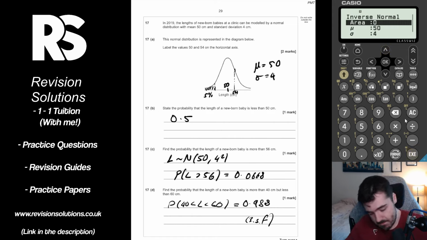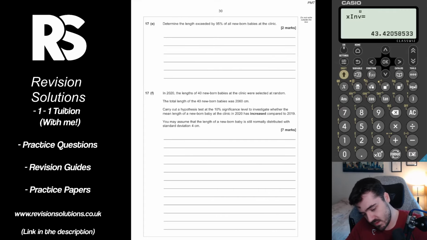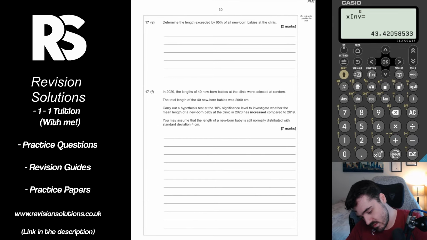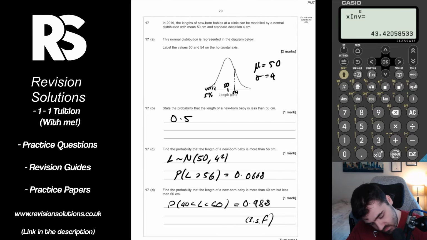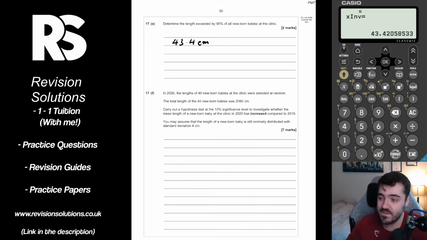So the area, the probability, if it's the bottom 5%, that's 0.05. And it's got our mean and sigma from before. So just execute that. That would be 43.4. And that's measured in what? Centimeters. If it's the bottom 5%, 95% of babies exceed 43.4 centimeters.